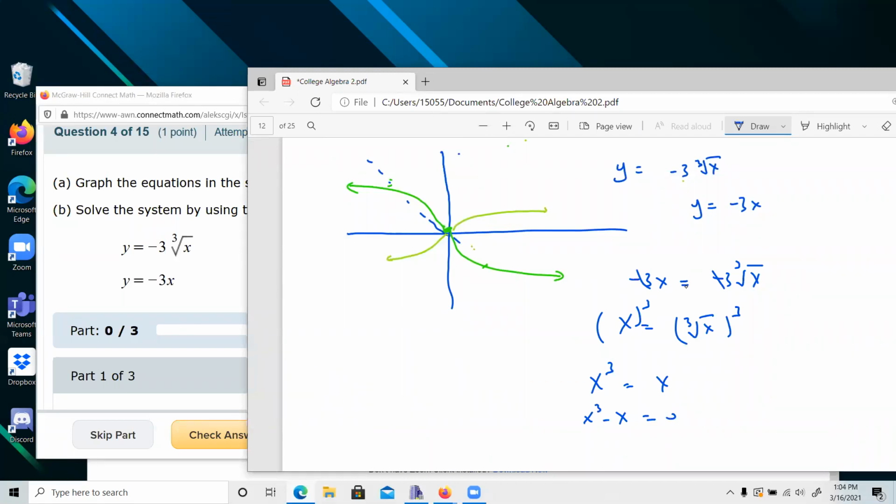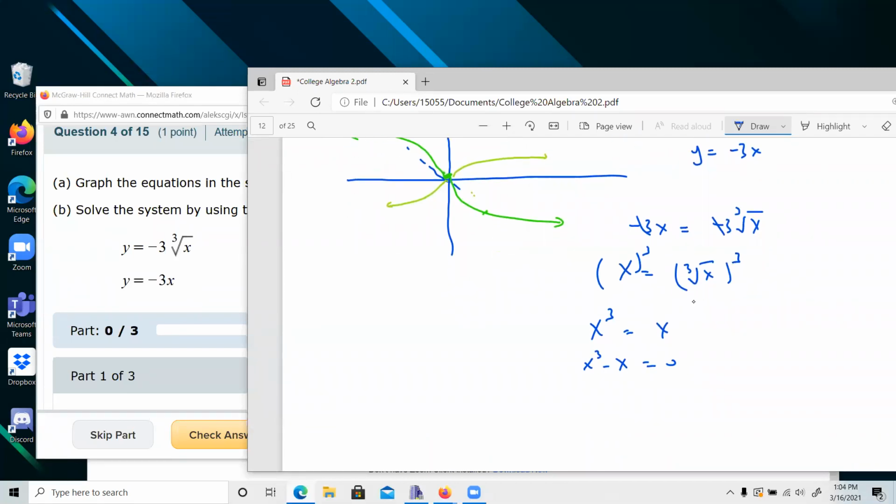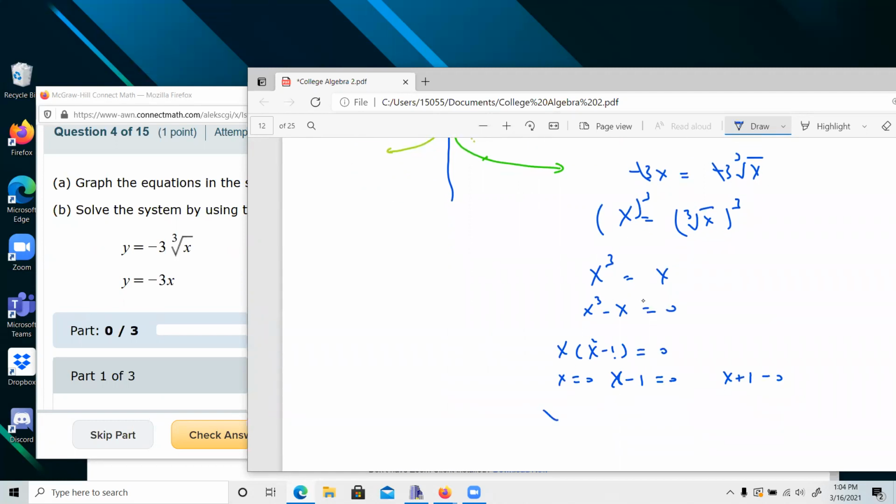Right, x cubed minus x is equal to 0. We have x times (x minus 1)(x plus 1). So we have x equals 0, x minus 1 equals 0, and x plus 1 equals 0. We just factored this. All right. So my three solutions here: x equals 0, x equals 1, x equals negative 1.